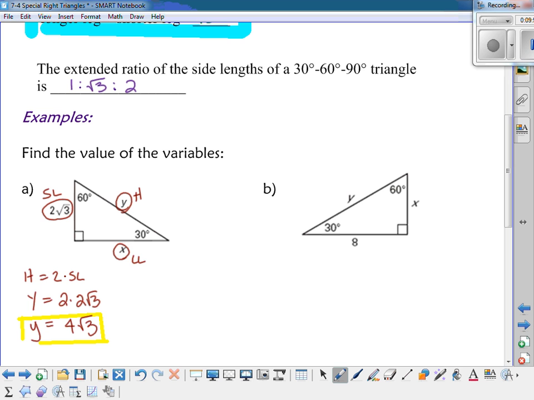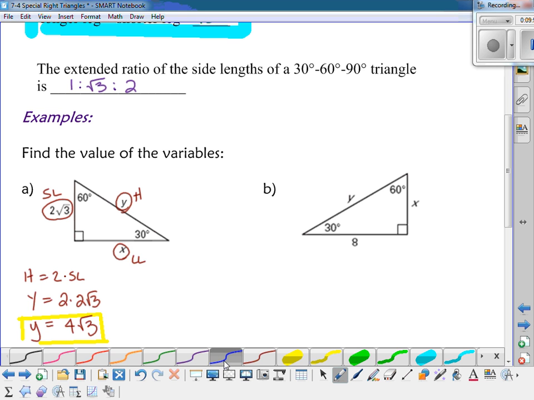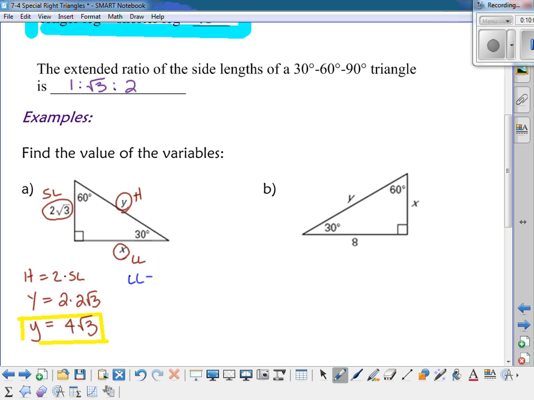And then I'll use the other equation, the long leg equals the short leg times root 3. So my long leg x is going to equal my short leg, 2 root 3, times root 3. So root 3 times root 3 would be 3. 3 times 2, x is equal to 6.